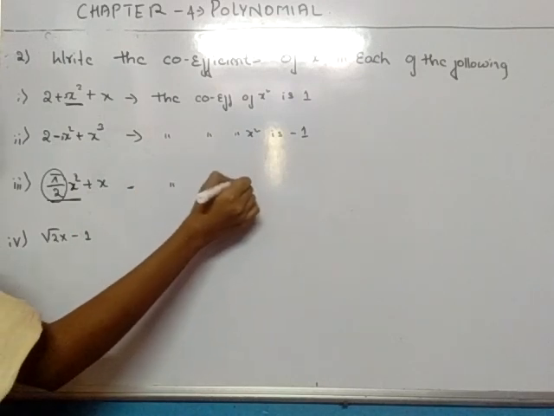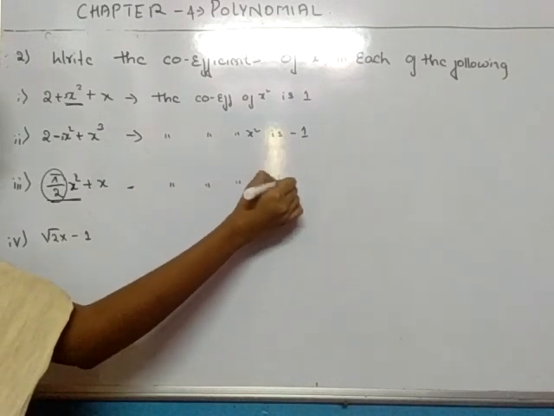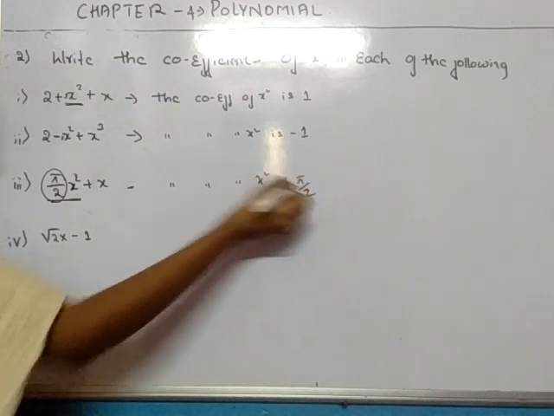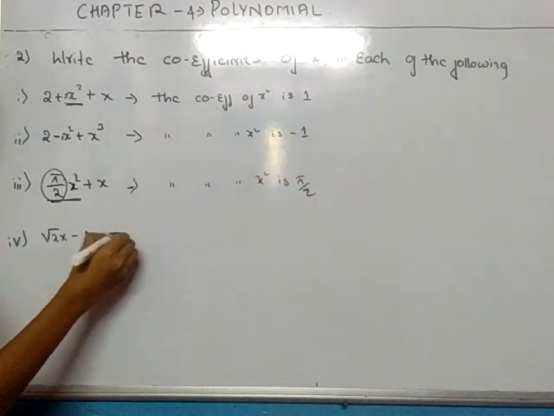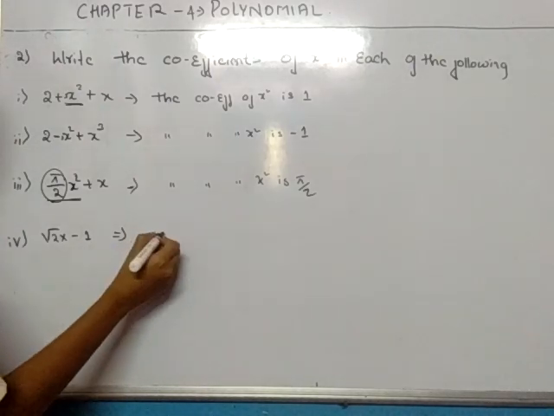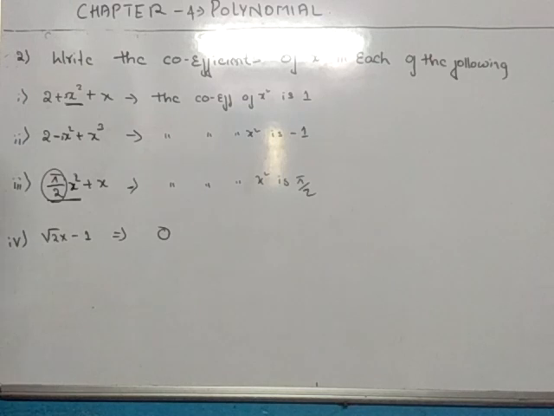The coefficient of x square is pi by 2. And here we can see no x square is present. So we cannot write any coefficient of x square without it being present, so we'll write 0. 0 is the coefficient, so directly we'll write 0.